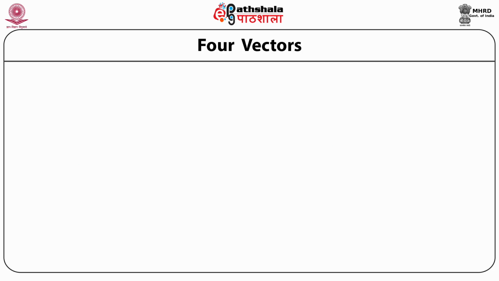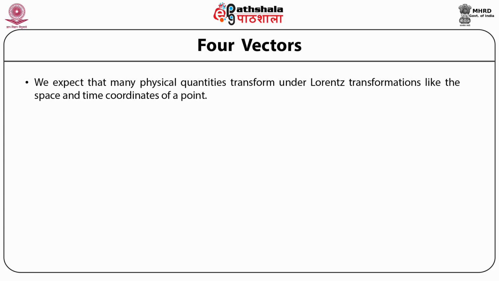And according to this notation that we have just described, we can expect that many physical quantities transform under Lorentz transformations, like the space and time coordinates of a point. So by analogy with ordinary vectors, we can speak of four vectors.